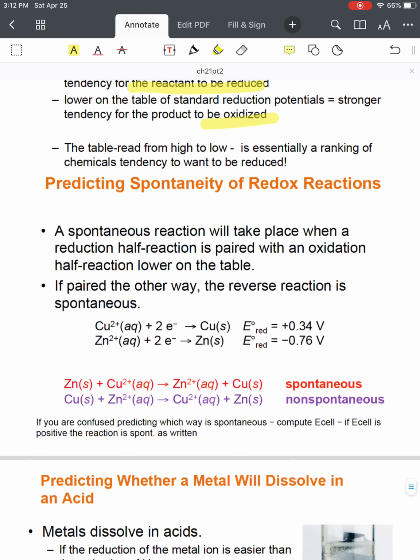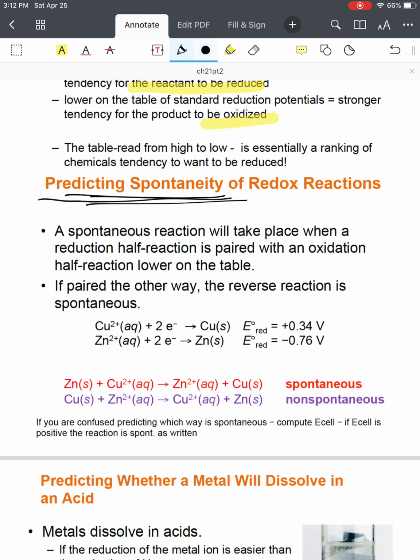Now, the interesting thing about that, ultimately, is the placement on the table allows us to sort of predict the spontaneity of redox reactions. Like if you mix two chemicals, we can use that table and the fact that it's in order from things that really want to be reduced to things that don't to predict whether or not a spontaneous reaction will take place, okay?